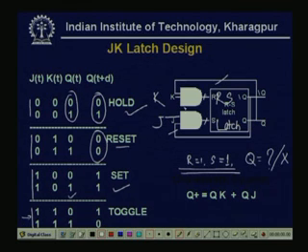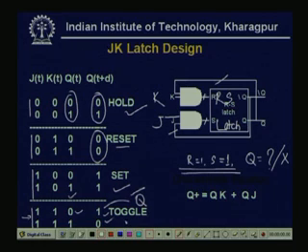If J equals 1 and K equals 1, then if the Q(t) value is 0, then actually this is 1 0. That means, when Q is 0, the next state Q(t+1) will be 1, which is the complement of Q, Q bar.